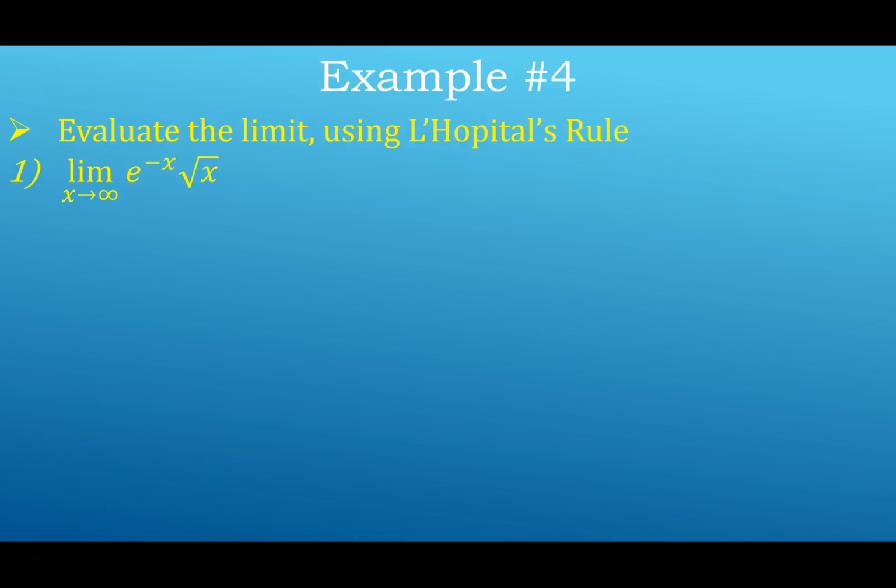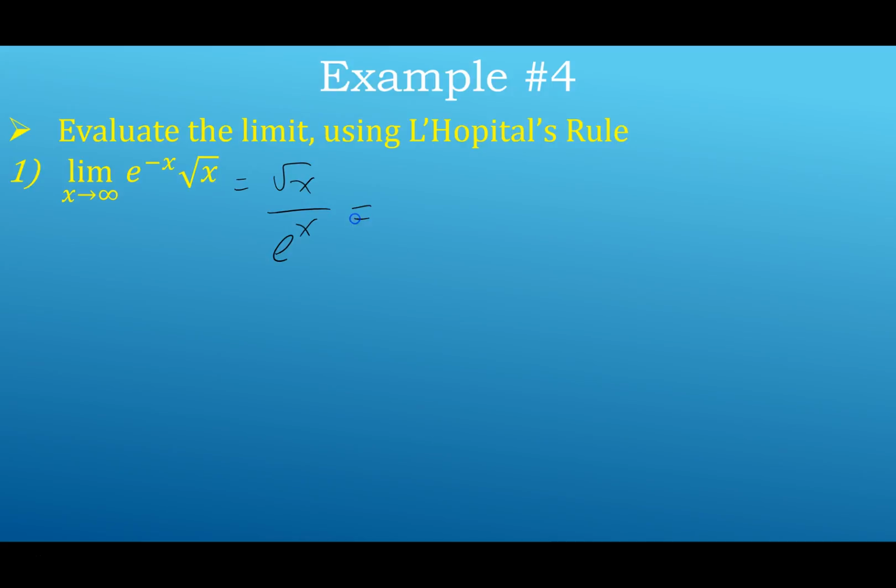Okay? And in this case right here, this is not necessarily an indeterminate form, but you should remember, e to the negative x, I can rewrite that. Not necessarily a rational function. This is equivalent to the square root of x over e to the x. Now it's a rational function, and again, when I plug in infinity, I get infinity over infinity.